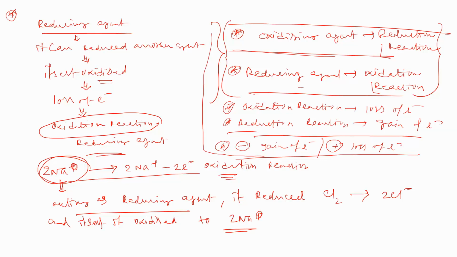After that I will discuss some MCQ questions based on whatever I have taught till now about the classical idea, oxidation number, and in terms of electron transfer, how we can know which is the oxidation reaction, which is the reduction reaction, what is the reducing agent, what is the oxidizing agent, and which species oxidized another species and which species reduced another species.